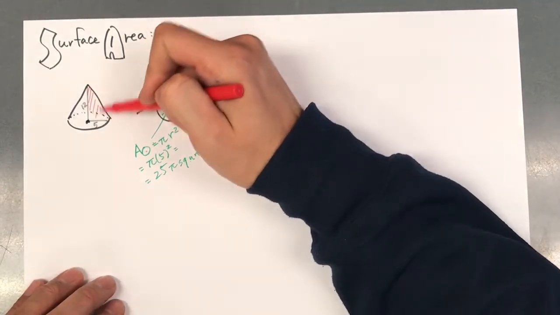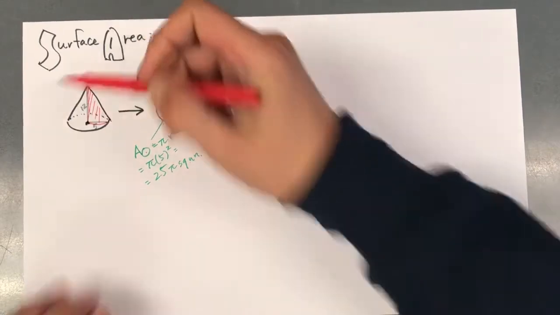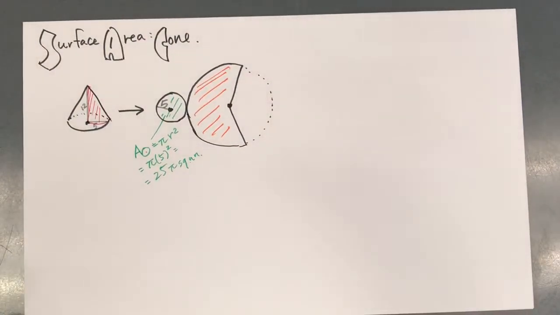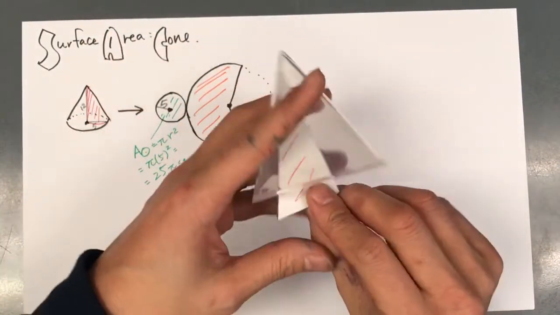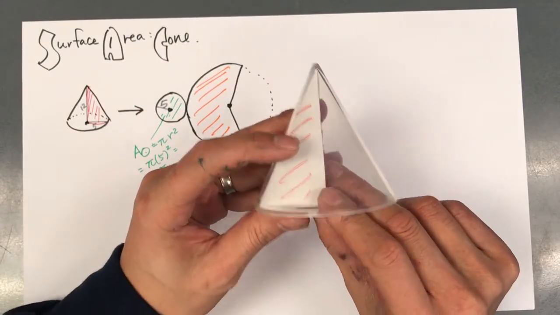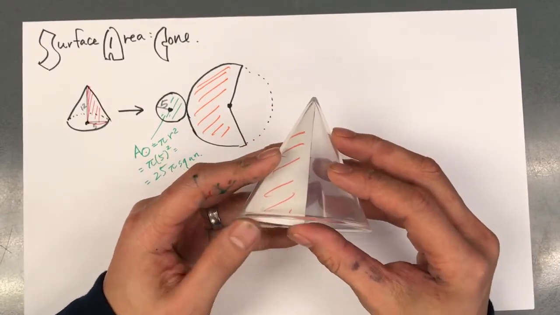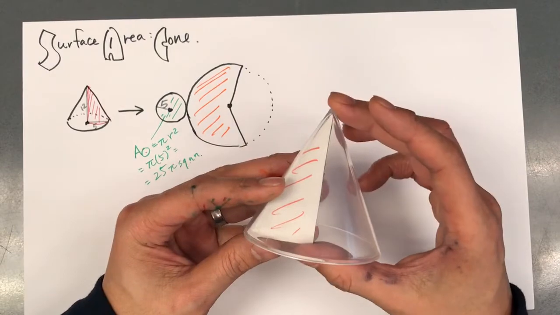As you see, we see a right triangle right here. So let's say the radius is 5 and the height is 12.